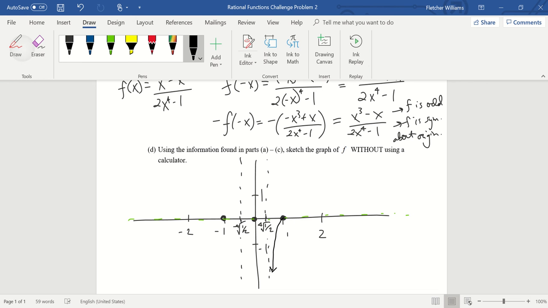So f of 2 would be 2 cubed minus 2, which is 8 minus 2 is 6, over 2 times 2 to the fourth. That's 32 minus 1 is 31. So you can see it does go over it. And that means by odd symmetry over here, it's got to be the opposite kind of thing.